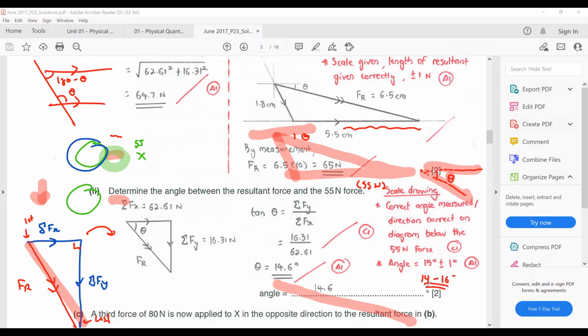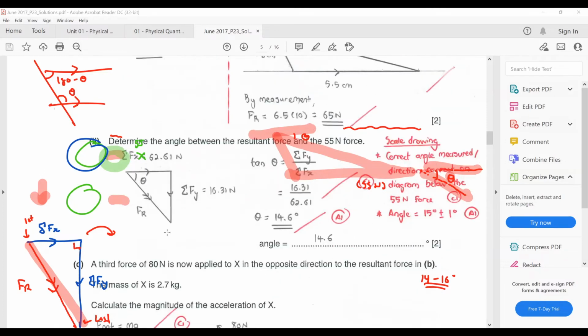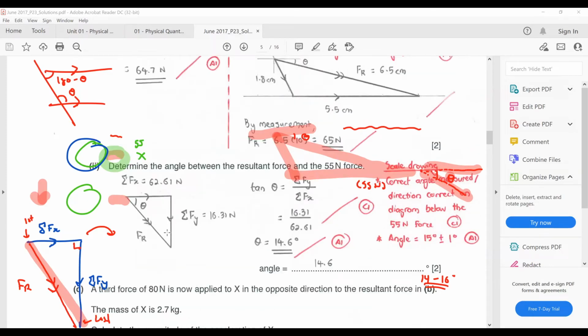All right. Now, you can also try to calculate it out if you wanted to. What you will do is that you use back the original triangle that you did just now, which was this one.